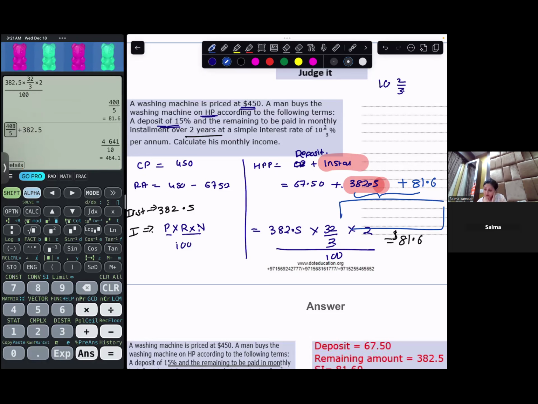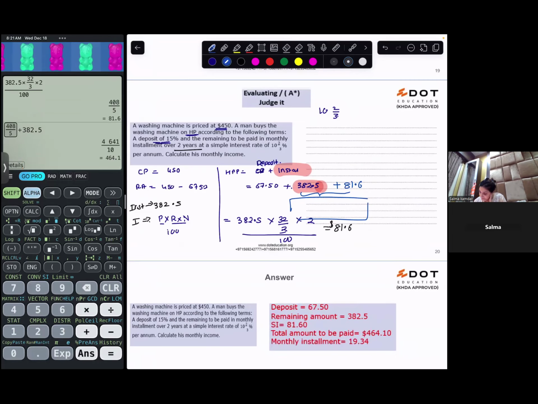So the total amount of installment would become 464.10. I'm going to pay in 2 years monthly installments, that is, I'm going to pay it for 24 months.